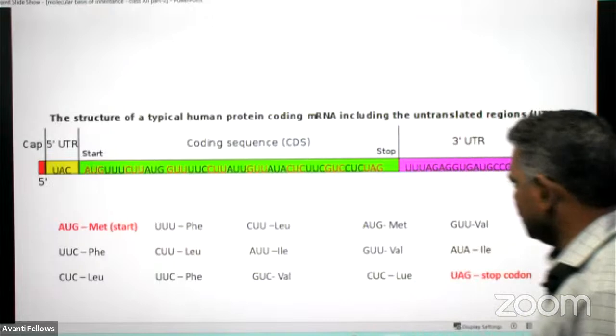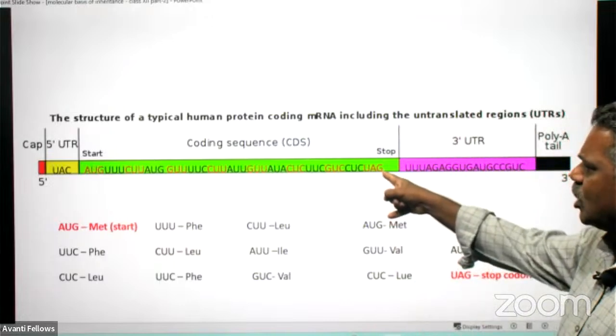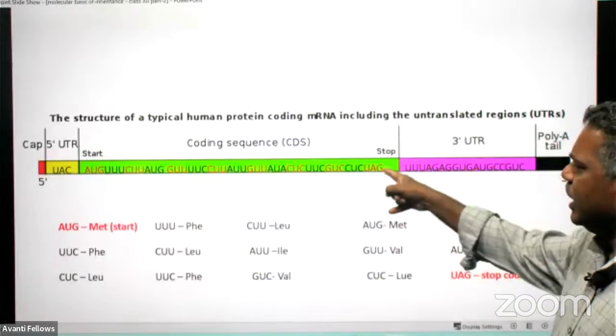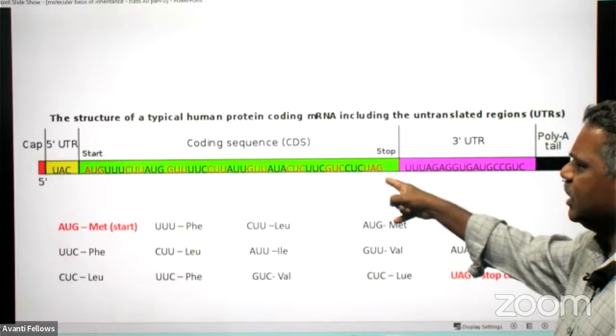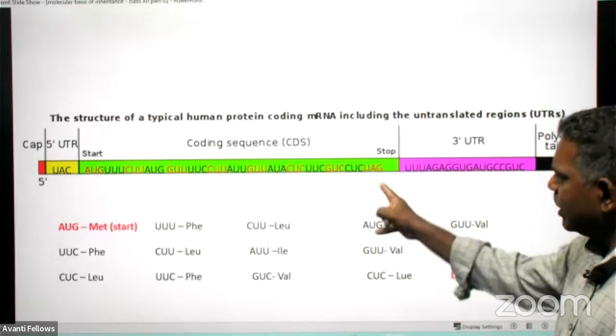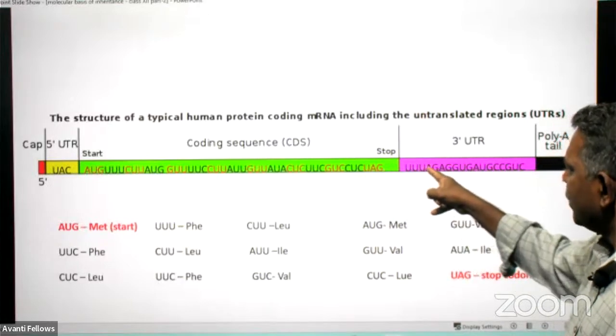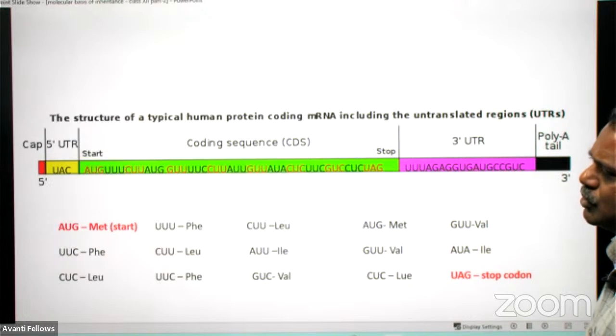And similarly, here we can see a stop codon. That is UAG, the stop codon. Even after the stop codon, you can find so many nitrogenous bases.